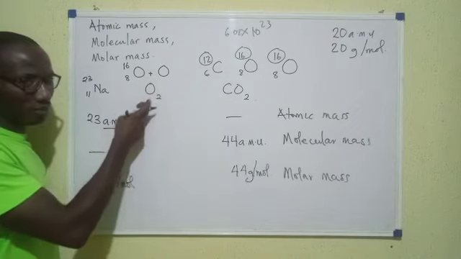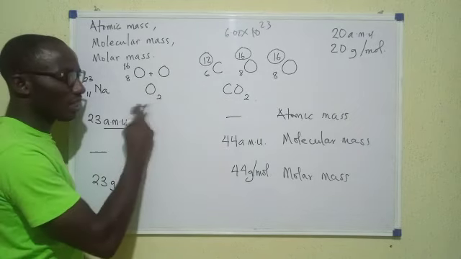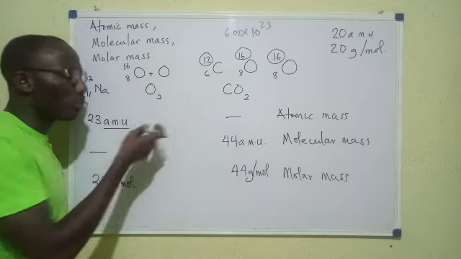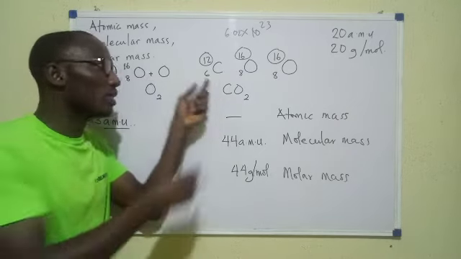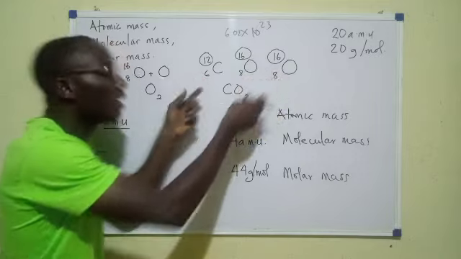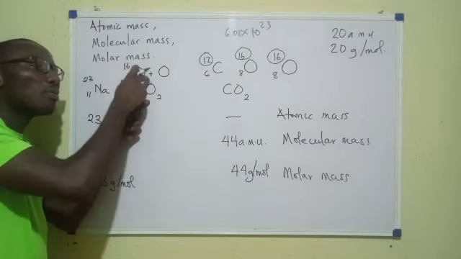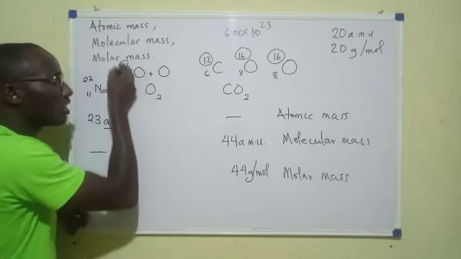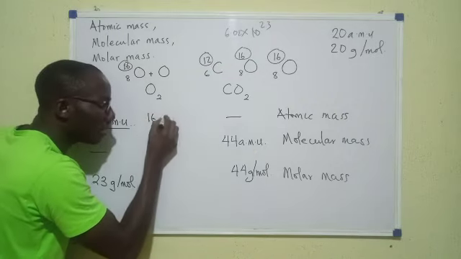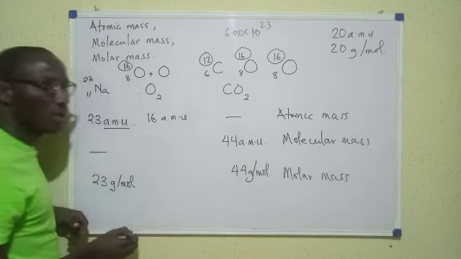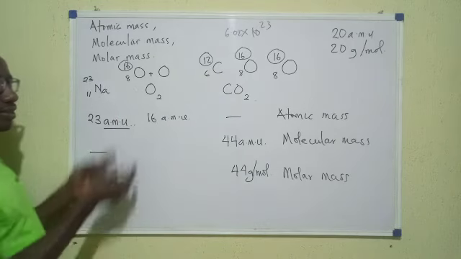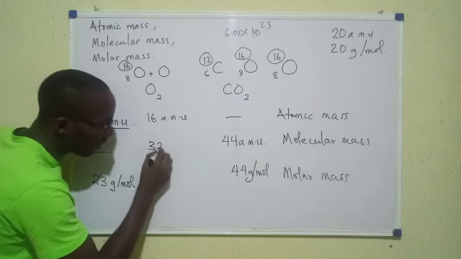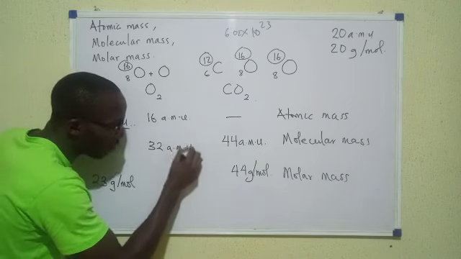Now for oxygen. Oxygen exists as molecules, but they can also be the oxygen atom, because unlike the CO2 molecule that is made up of different types of atoms, the O2 molecule is made up of the same type of atoms. So we can talk about the atomic mass of oxygen as 16 AMU. But what about the molecular mass? You now add up the masses of the different atoms. So that gives me 32 AMU.